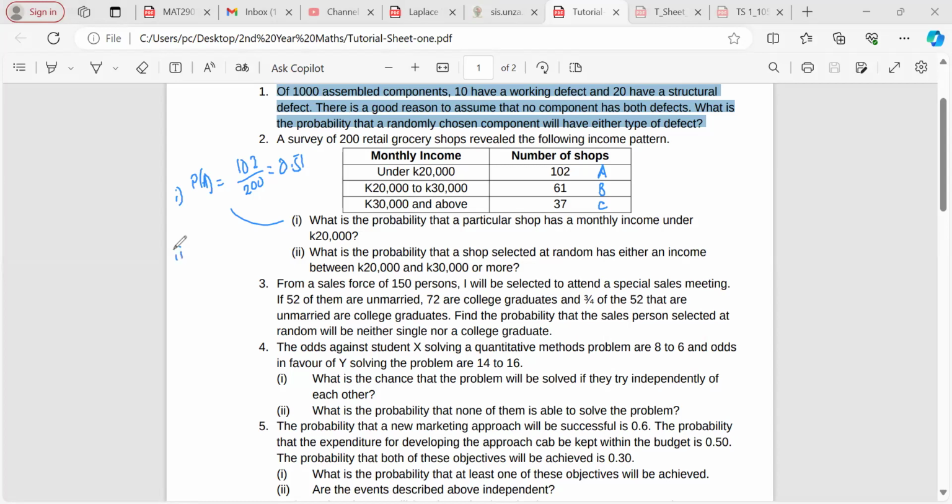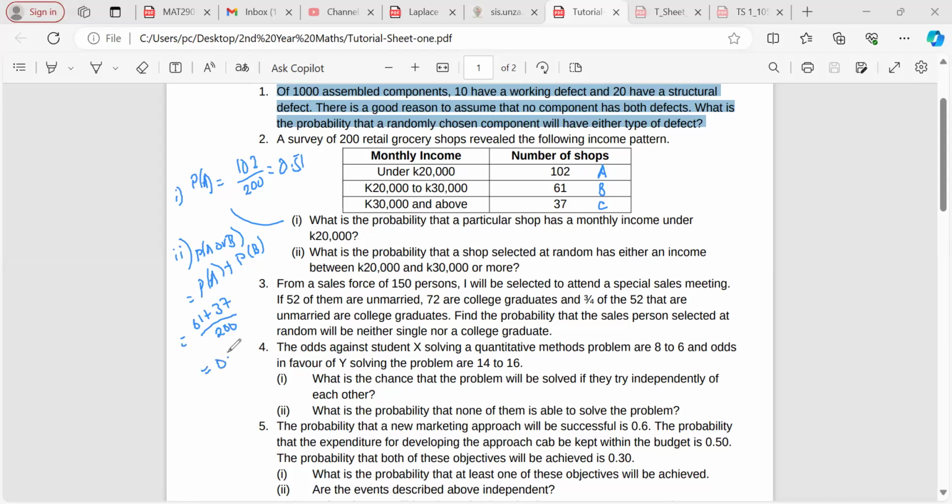For part two, what is the probability that a shop selected at random has either an income between 20,000 and 30,000 or more? So what is the probability that it's B or C? Then we're looking at the probability of B plus the probability of C, which is 61 plus 37 over 200.